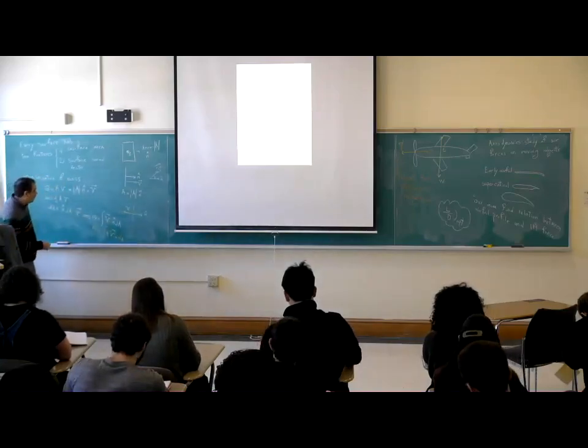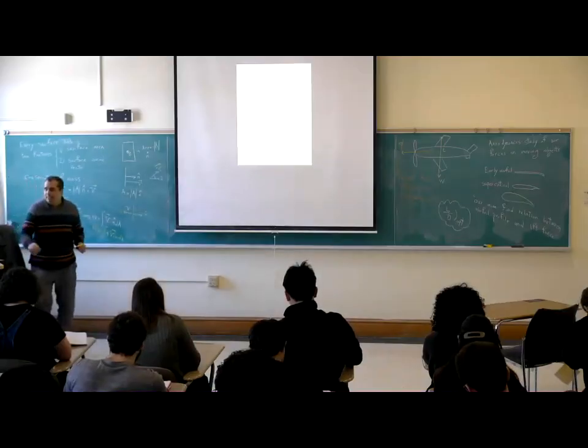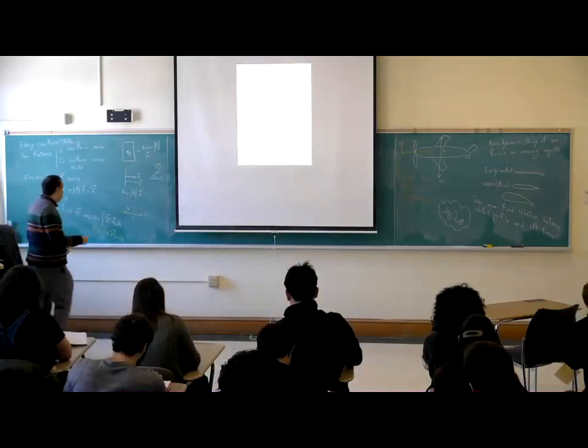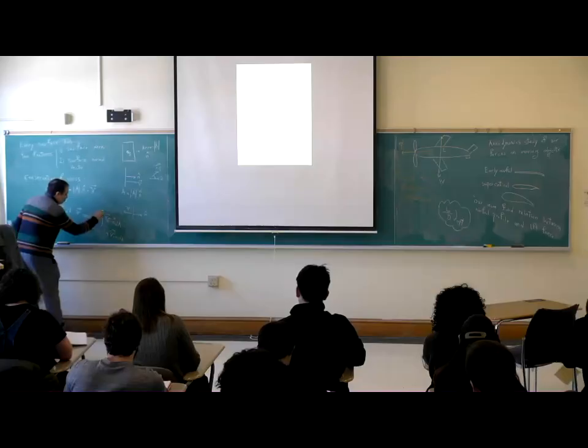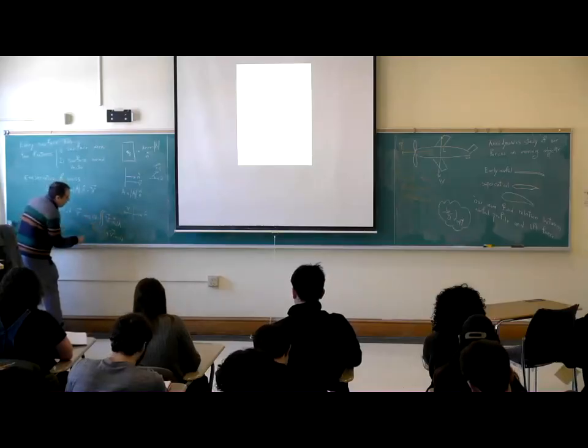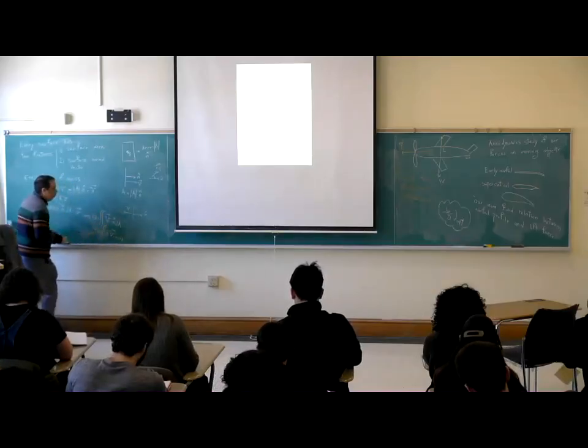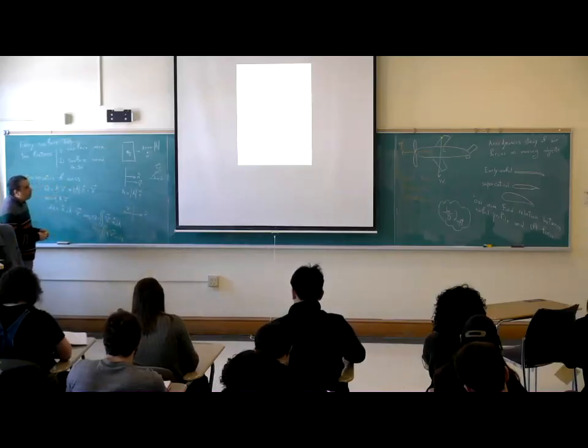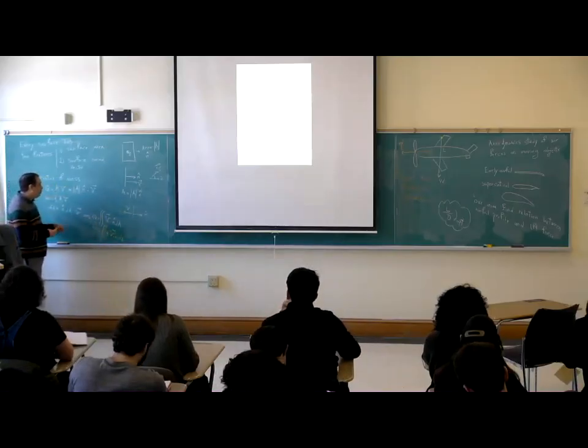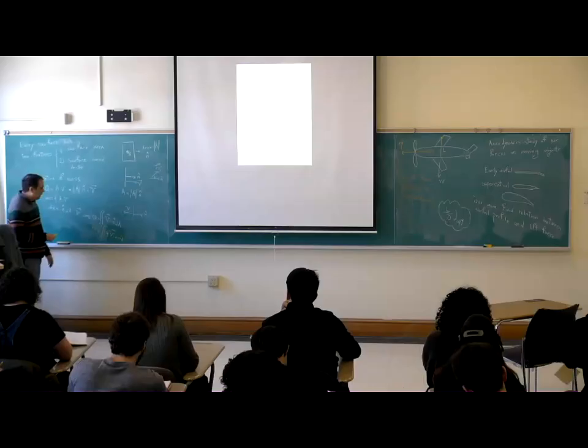I should keep the integral as a double integral because it is over area. Over area, we use a double integral. Over volume, we use a triple integral. Okay? So make this one a double integral.